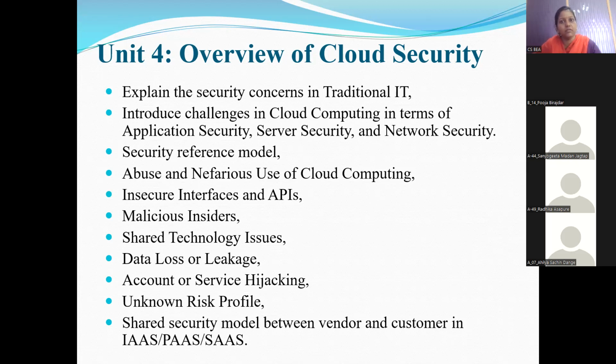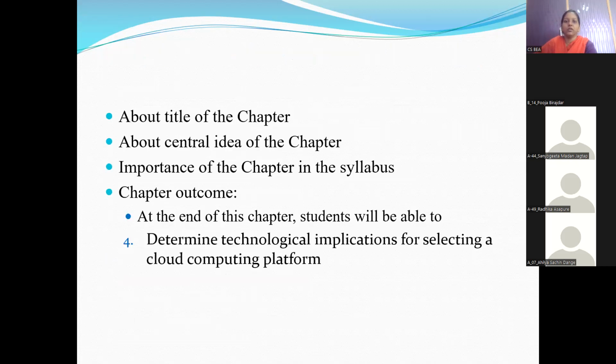So from that server, how you are going to provide the server security itself, and also definitely the network security. So at the time of data transfer, any kind of leakage is there, any kind of hijacking is there. So that part of this security that we are going to cover here. So that's why whatever the security concerns that are there, that all will be covered in this unit. So that is why the study of this chapter, that is overview of cloud security, is very, very essential.